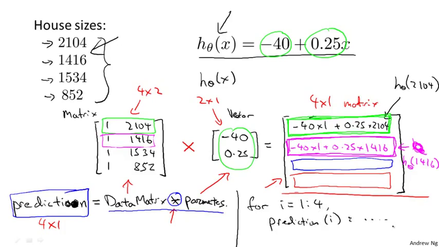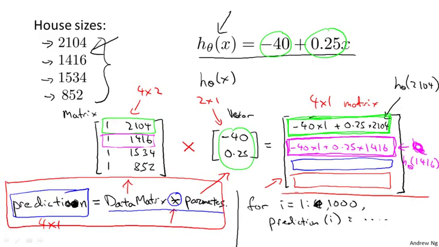And it turns out that when you have a large number of houses, if you were trying to predict the prices of not just 4, but maybe 1,000 houses, then when you implement this in a computer, this is true not only for Octave, but for C++, Java, Python, and other languages as well.